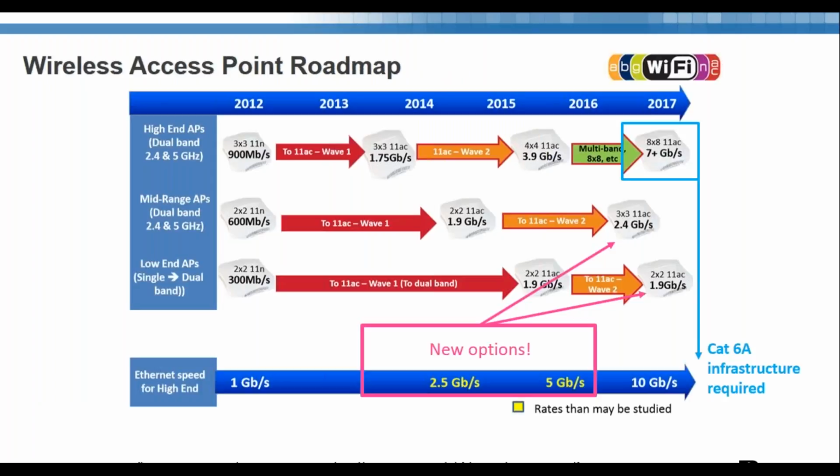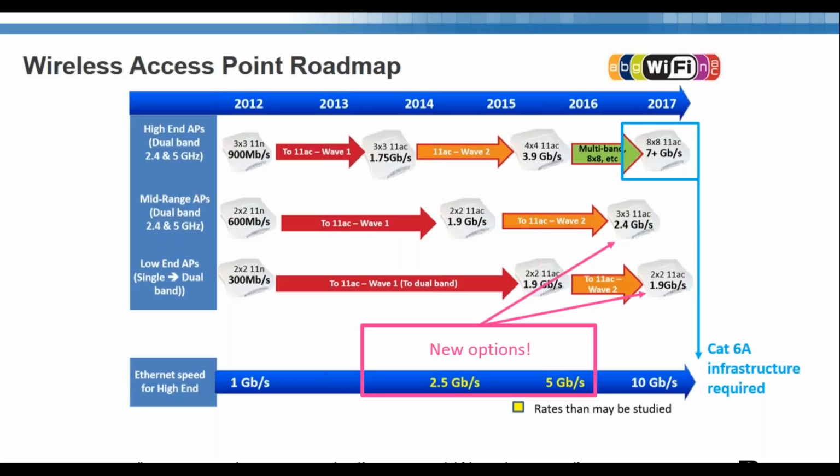So what we're looking at here is a wireless access point roadmap from 2012 to the current year. So just to give you some history as to how it's been evolving. Over on the left-hand side is 3 levels of access points. So you have your high-end access points at the top, your mid-range access points in the middle, and then your low-end access points at the bottom.